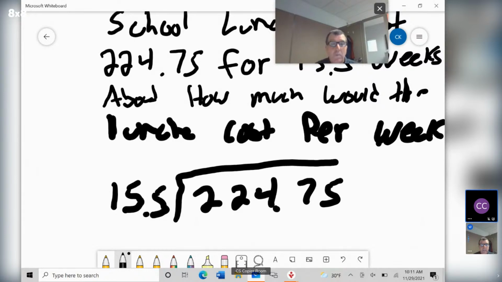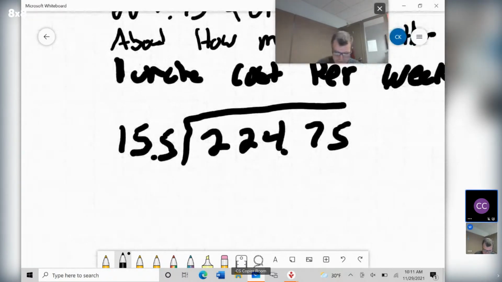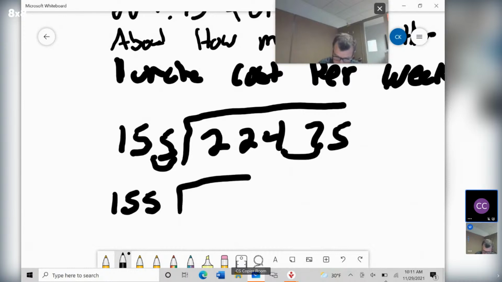Okay, and one thing we can do here to make this a little bit easier is we can move both decimal places to the right. So we want to get this 15.5, we want to make it 155. So we're just going to move it 1 place to the right. And this one, the same thing, we're going to move it 1 place to the right. So then we're going to have 2247.5.